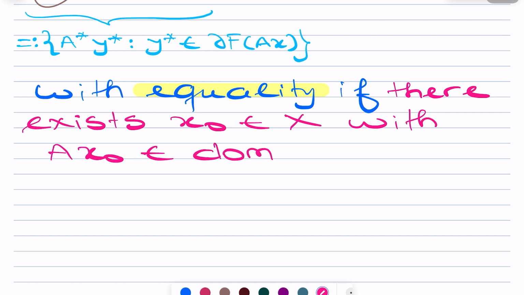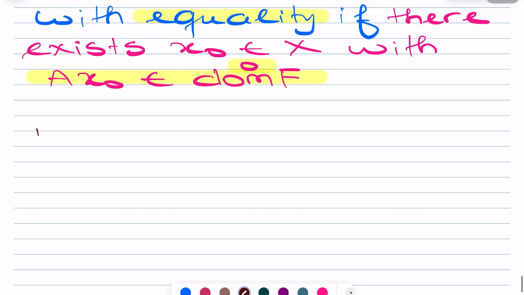The interior. Okay, good. So again, the proof is really easy.